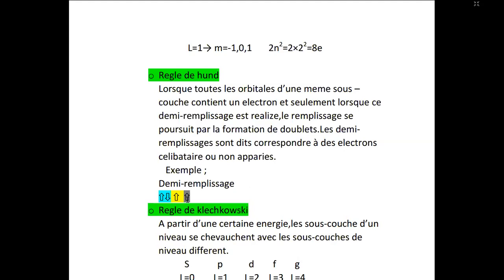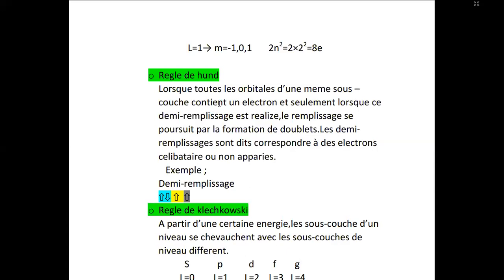So what does this rule say? It says, first of all, all the orbitals of the same sub-shell must first contain 1 electron.